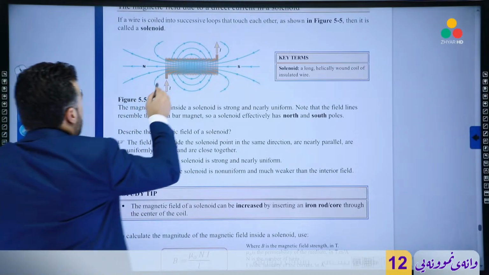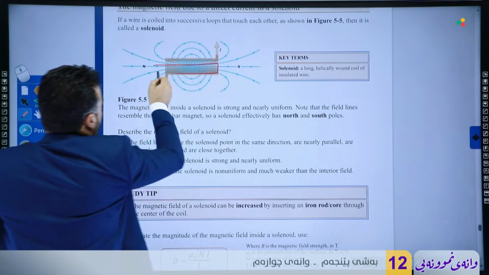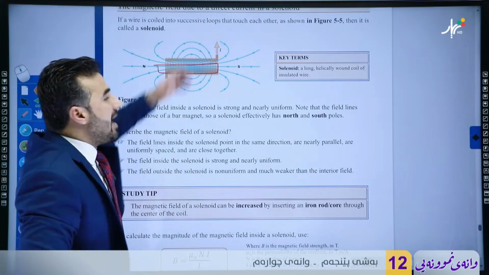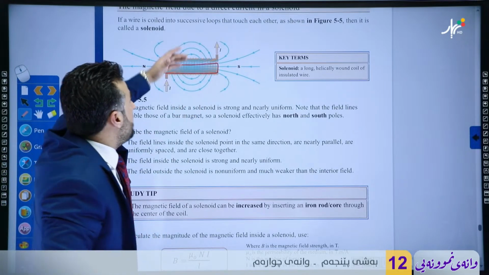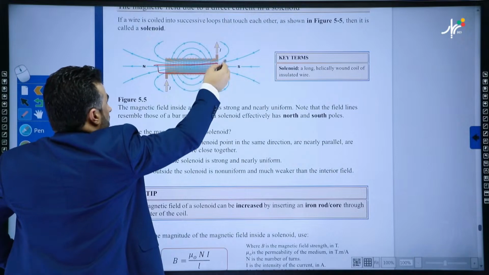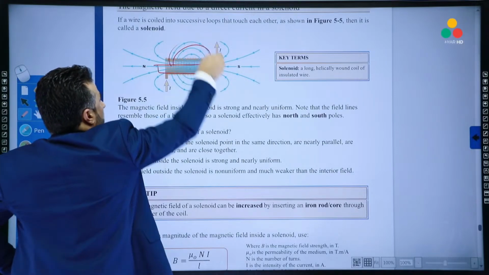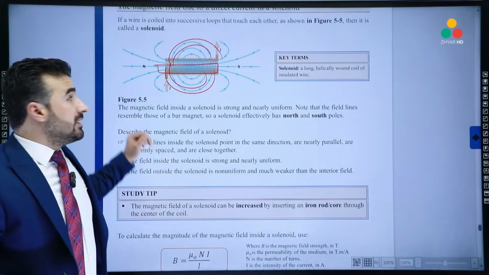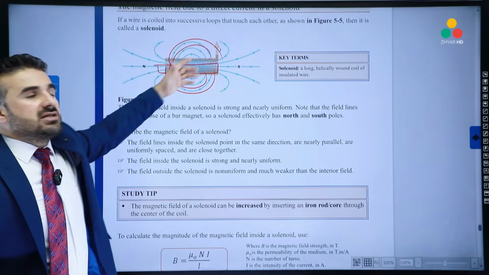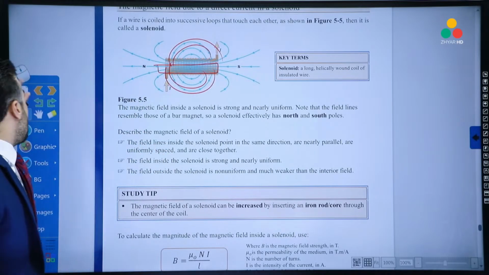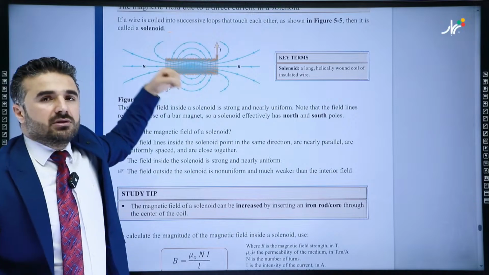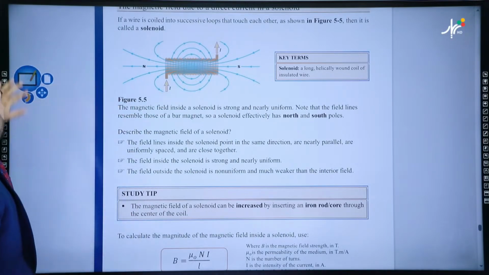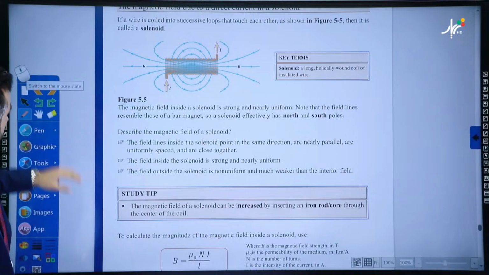If we insert an iron core into the solenoid, of course this iron core itself will also be magnetized, and this makes the magnetic field stronger here, or you can just say the magnetic field lines in this solenoid will be stronger. And how can we do that? By inserting an iron core or rod into the solenoid.